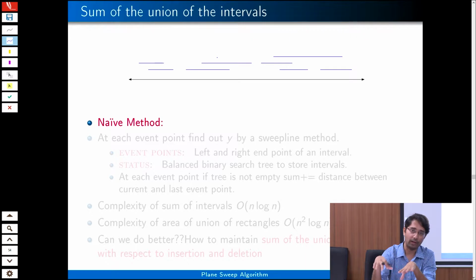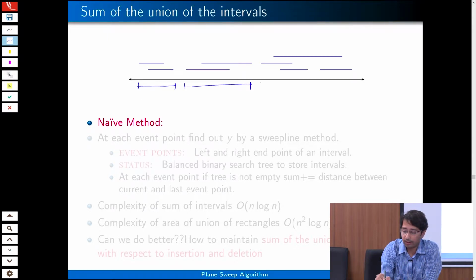No. Now I have a completely new problem. From the two-dimensional plane, we have moved to a one-dimensional plane. In the one-dimensional plane, we have a set of intervals. There are no rectangles. And our objective is to find the length of the union of these intervals. For example, what is the length of the union of these intervals? Here it is from here to here plus from here to here plus from here to here.